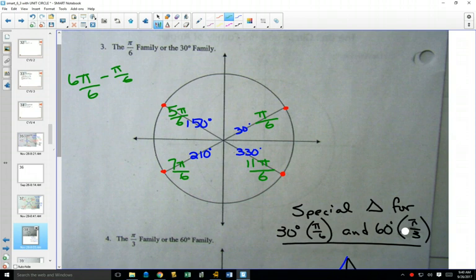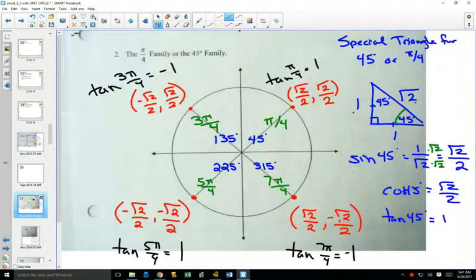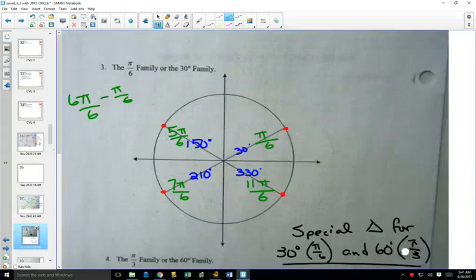And this one's always going to be 1 more than the denominator, because you have 6 pi over 6 plus 1. Did you see that that happened in this one as well? 1 minus the denominator here, 1 plus the denominator there. Kind of cool. Little things that can help us memorize them.